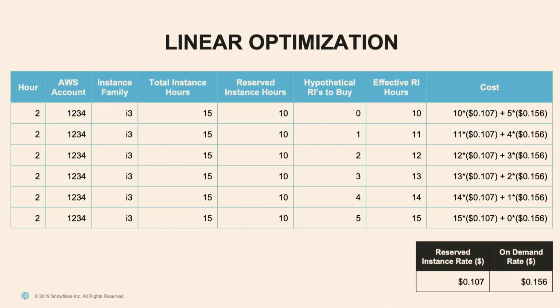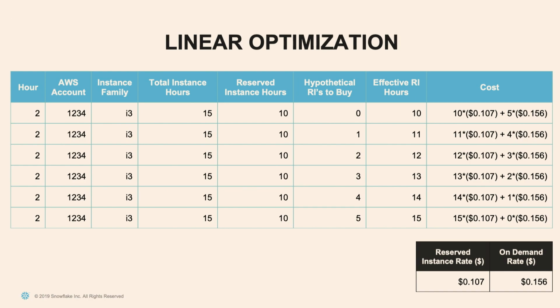So once we have all of this data together in a single place, we run a linear optimization calculation where we look at some time period of historical usage, and then for each hour, we do a what-if analysis of if we had different levels of reserved instance coverage in that hour, what would our cost savings have been in each of these scenarios? To bound this question, we must ask ourselves, first, what are the number of reserved instances we might want to purchase?